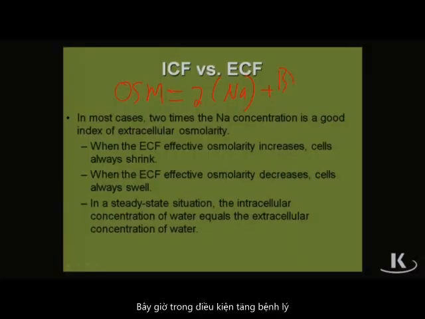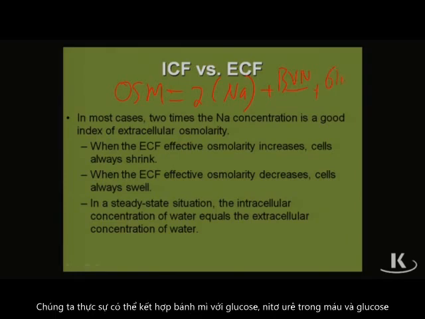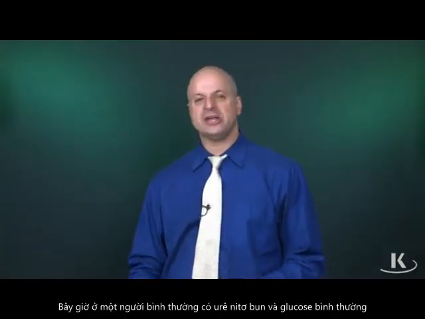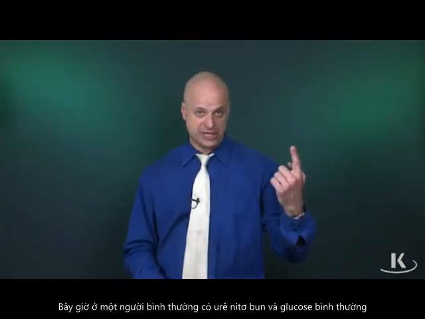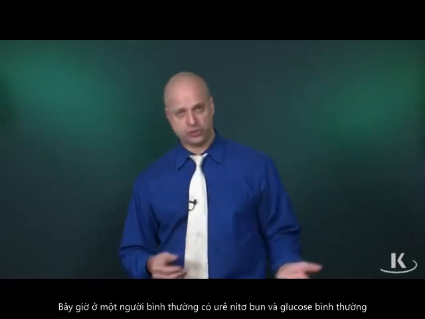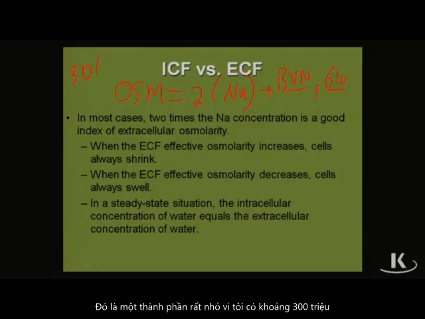Now, under conditions of pathologic increase, we can actually incorporate the BUN and the glucose, the blood urea nitrogen and the glucose. Now, in a normal person whose BUN and glucose are normal, that is a very small component, because at around 300 milliosmoles of concentration, the BUN and the glucose provide a very tiny amount, about 10.